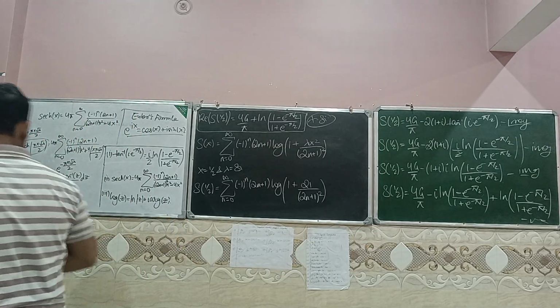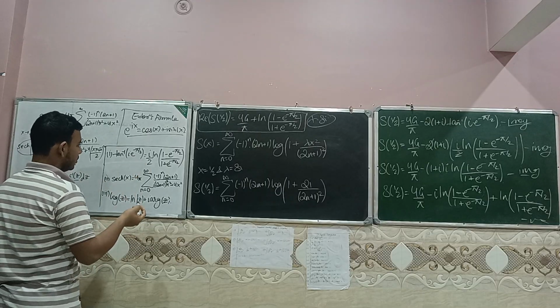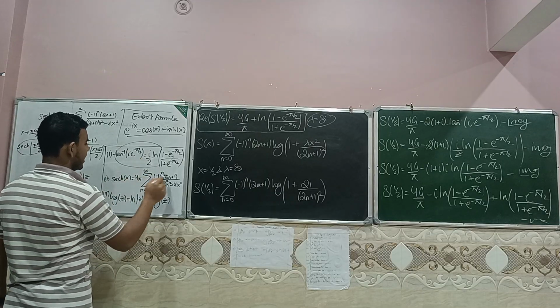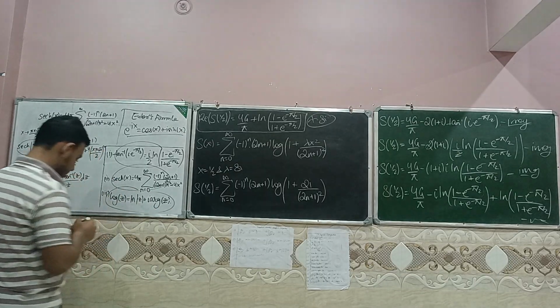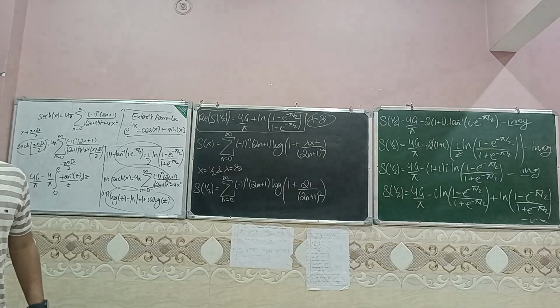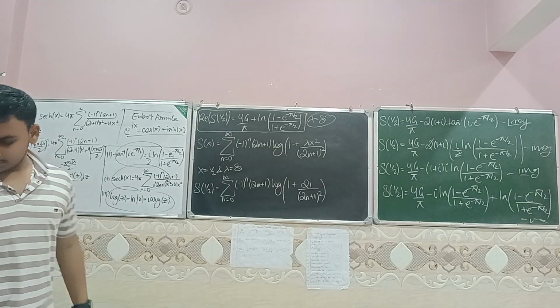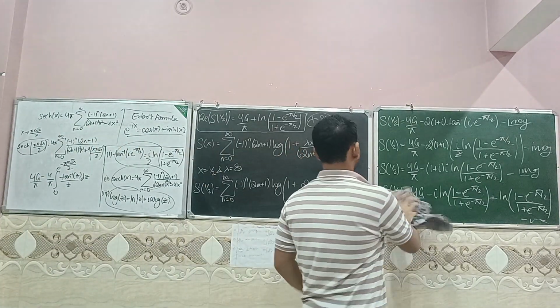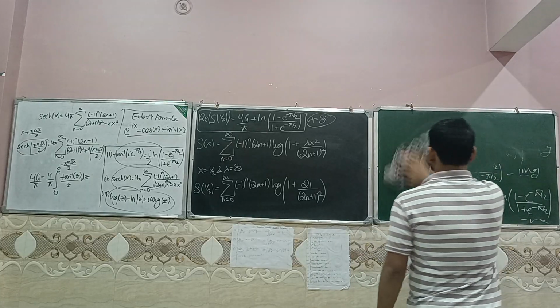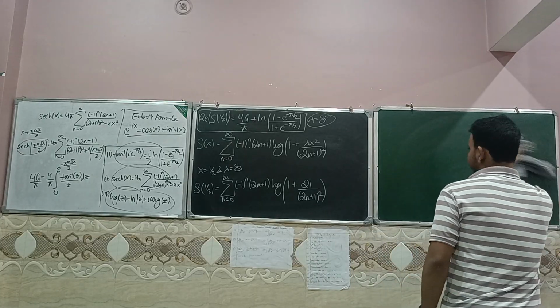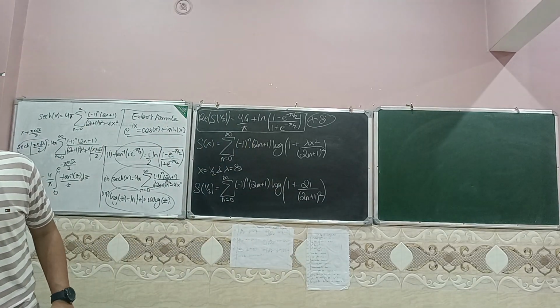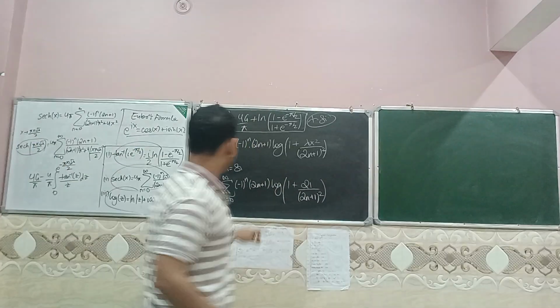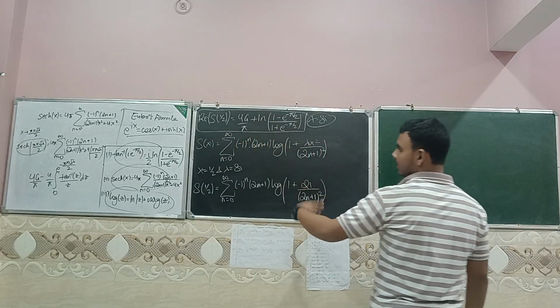Let me tell you something. Out of these three tools, we have used this one and this one, and now it's time to use this one, right? How are we gonna use that? Let me erase that board. So I'm looking for this logarithmic part.